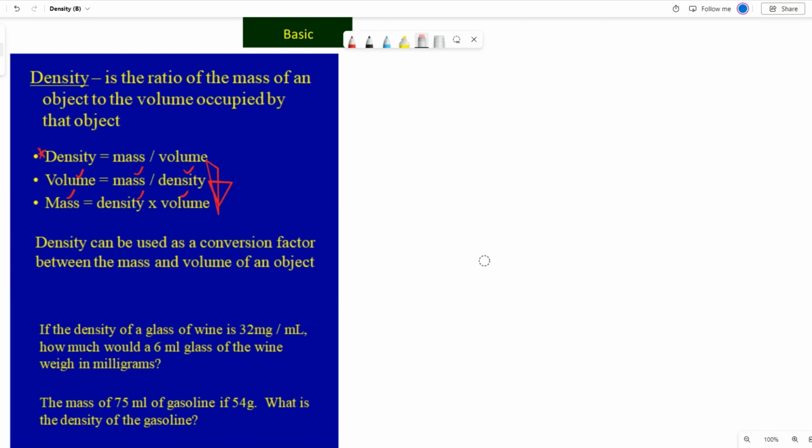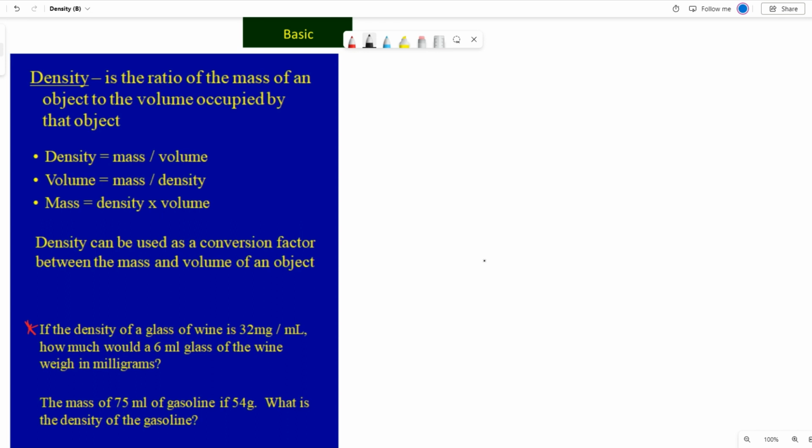The first problem says, if the density of a glass of wine is 32 milligrams per milliliter, how much would a 6 milliliter glass of the wine weigh in milligrams? So let's write down what we have and what we're asked to find.